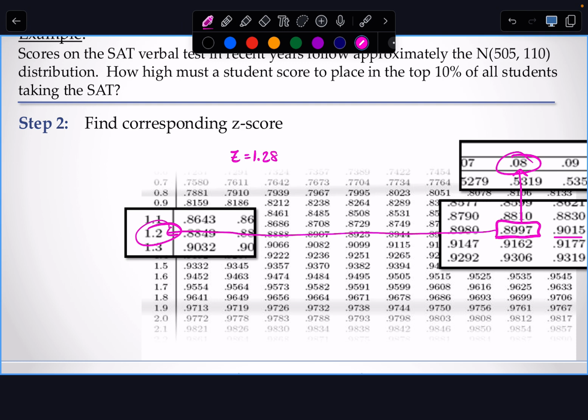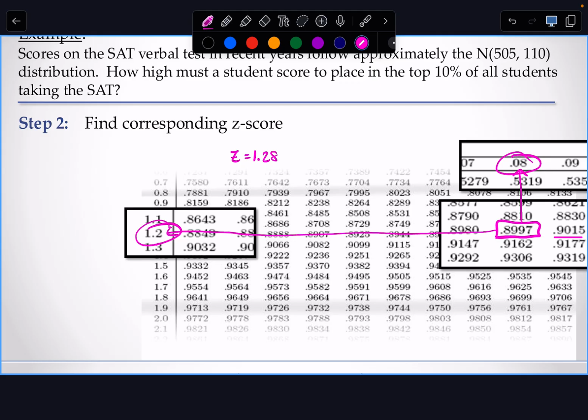Now, something to note here. When you're working with these percentages and with table A, we said it was the top 10%. The table can't handle top percentages, so we had to convert to the lower percent, in this case 90. But if I don't want to worry about that conversion, I can also use the symmetry of my distribution to help me out.